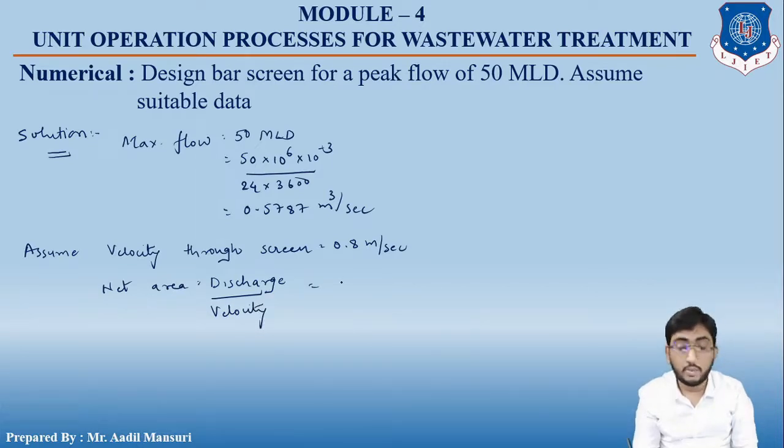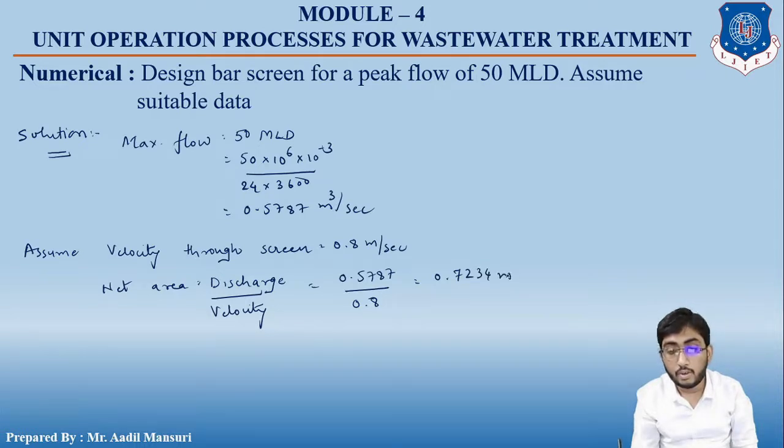So this will be equal to 0.5787 divided by 0.8, which is 0.7234 meter square. Okay, so this will be the net area of screens.